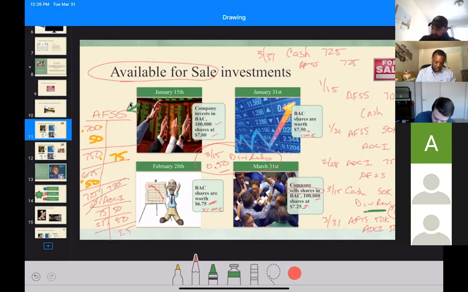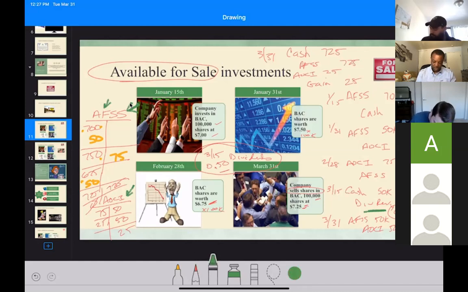But when we get rid of this account, we also have to get rid of the AOCI account. So we're going to debit our AOCI for 25,000, and we're going to credit gain on sale of investment for 25,000.